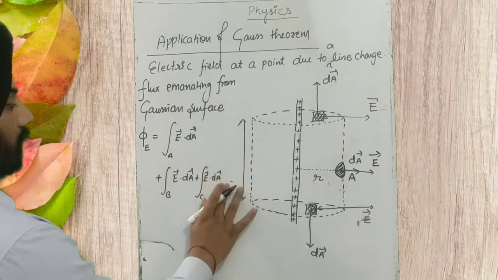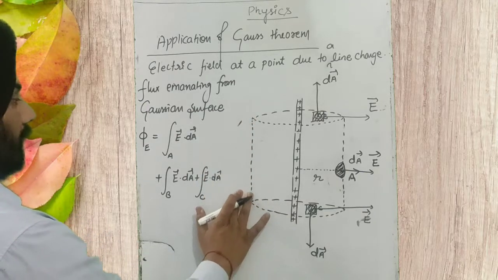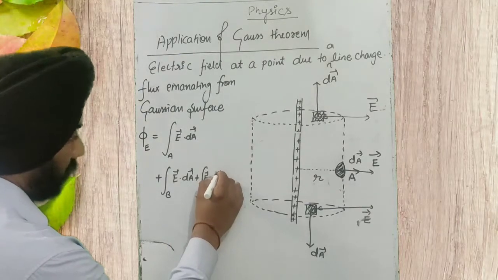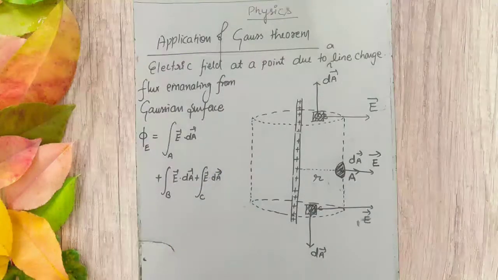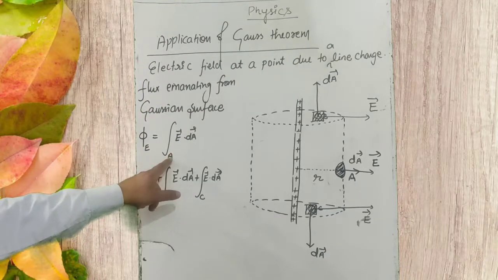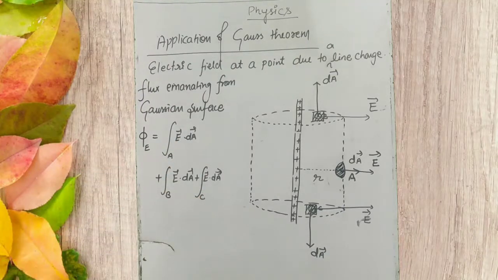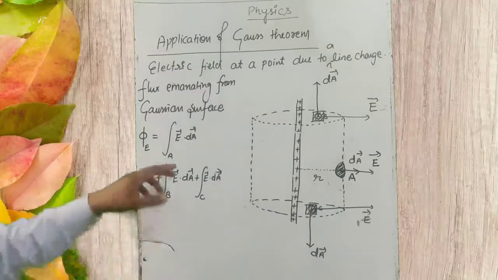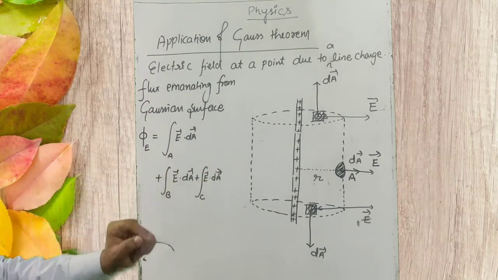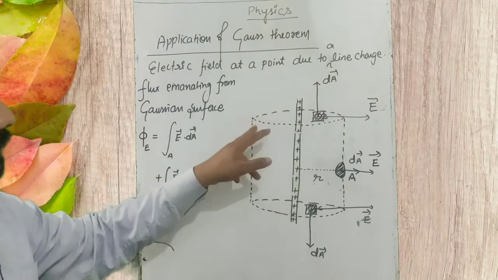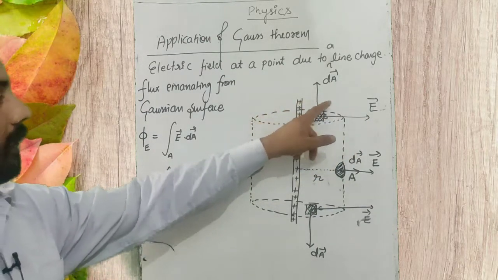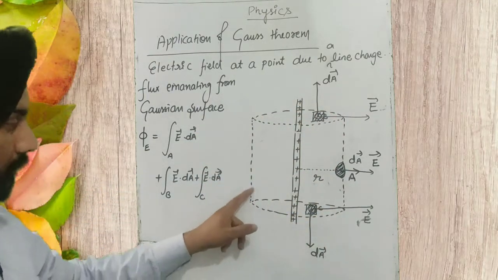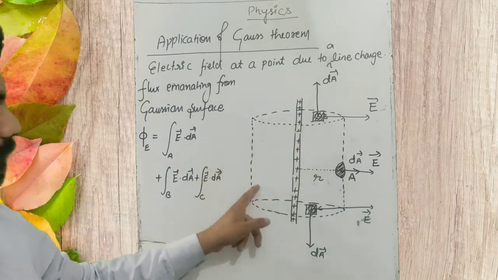I am going to remove this one. Space is very limited on my board, so it is quite difficult to write everything on the board. So here it is A, B and C. From all the surfaces we are going to calculate the electric flux. Here I have integrated these equations, meaning over the whole cross section, this complete area, and this whole area.